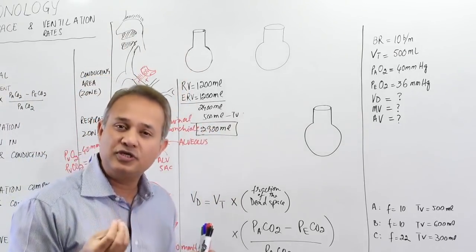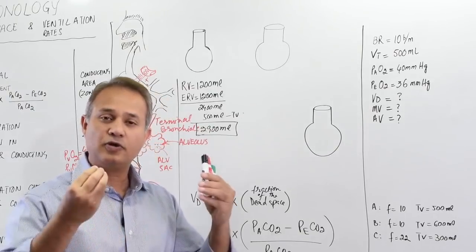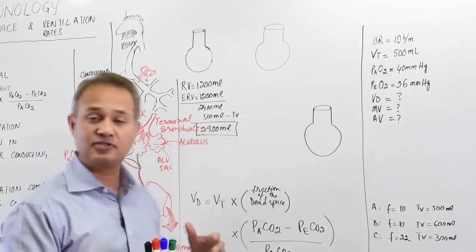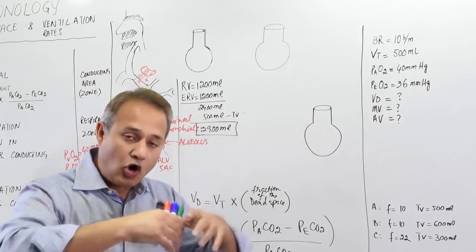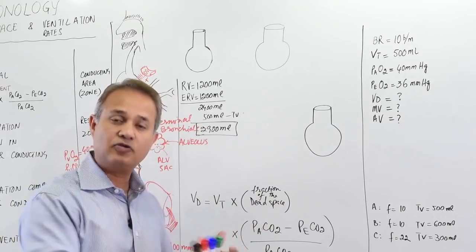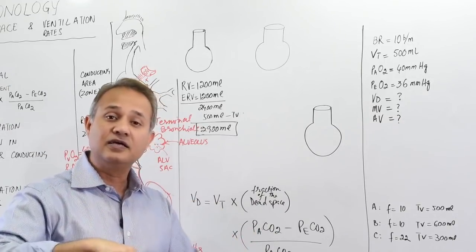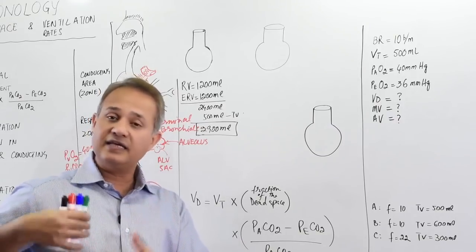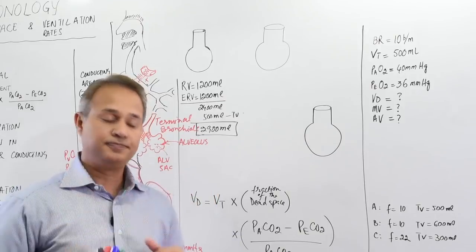Now what we are curious about, please pay attention here, is out of this 3000 milliliter, did all of it take part in the gaseous exchange, or did some part go to a non-functional part of the lung, not do any gaseous exchange and just come out?